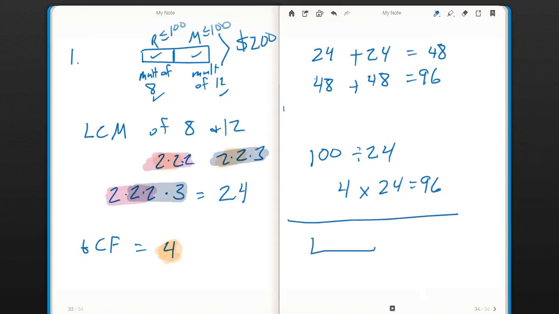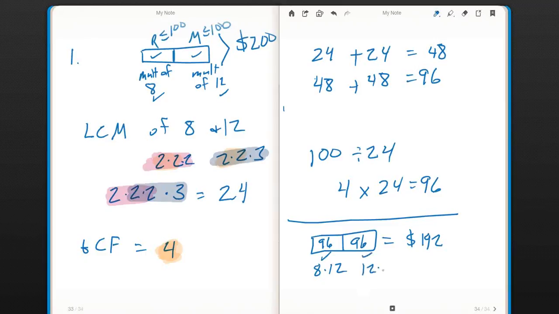So if Rosemary has 96, Roxanne, it's an R name, and May has 96, then altogether they have $192, which is pretty close to $200, and Roxanne's number is a multiple of 8. This is 8 times 12. May's number is a multiple of 12.